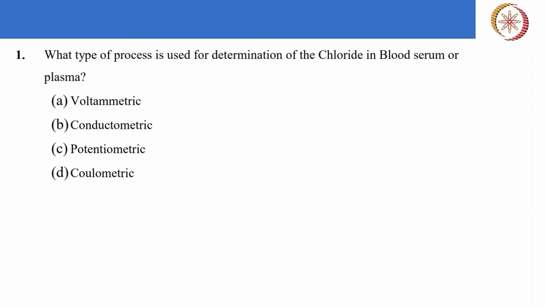If people can write in the chat box, I can see and discuss it also. There are four options: voltammetric, conductometric, potentiometric, and coulometric.